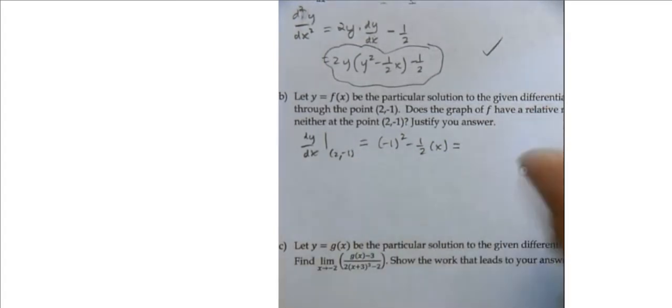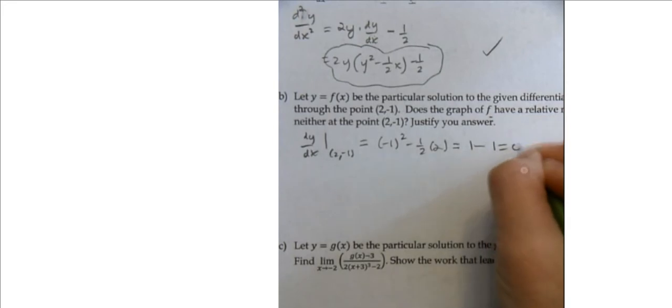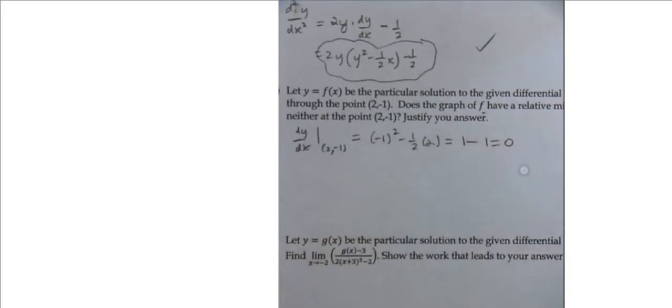We have dy/dx above. It's y squared minus 1/2 x. So y squared is 1, x was 2. 1 minus 1 is 0. So we do have a critical number. So this guy is potential. That's what we're saying. So now we want to know what it is.